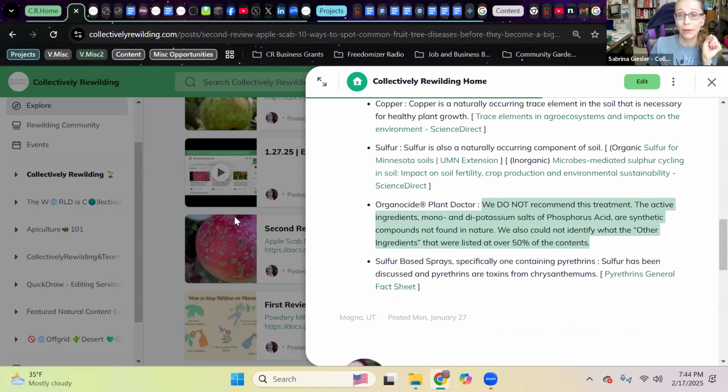Not a good option. All right. That's how you want to utilize these articles. They are set up very clearly for you to be able to know exactly what you're putting onto your plants, as well as how to utilize natural treatments, which we found for every single item that was listed in this article that so heavily favored chemical intervention, right?